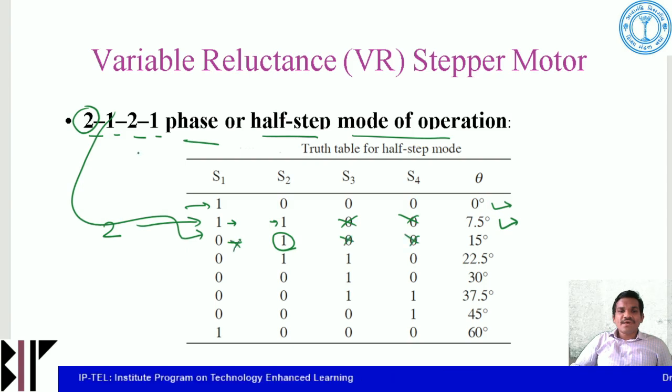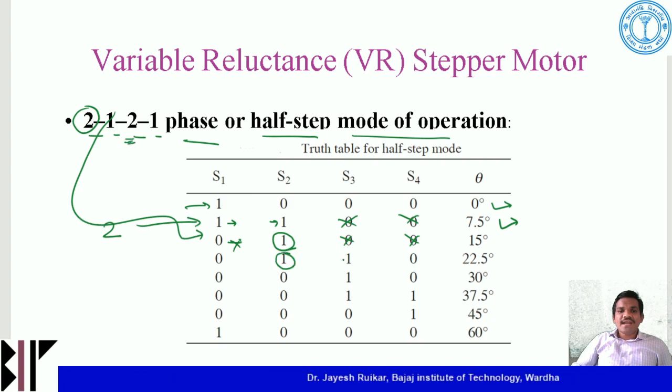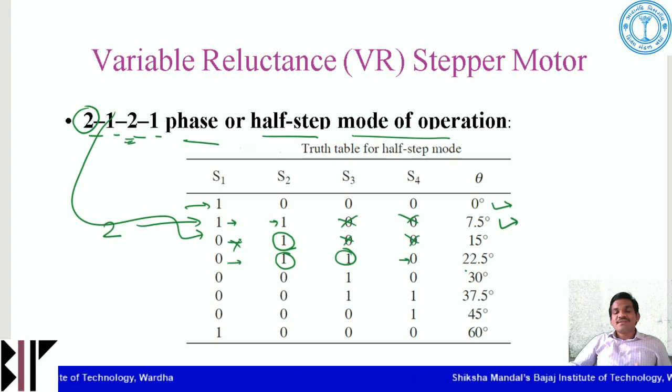This is 2-1, and the next time two phases are energized, that means S2 and S3 are energized, whereas S1 and S4 are de-energized, or you can say the switches are off. So you will get a step angle of 22.5.